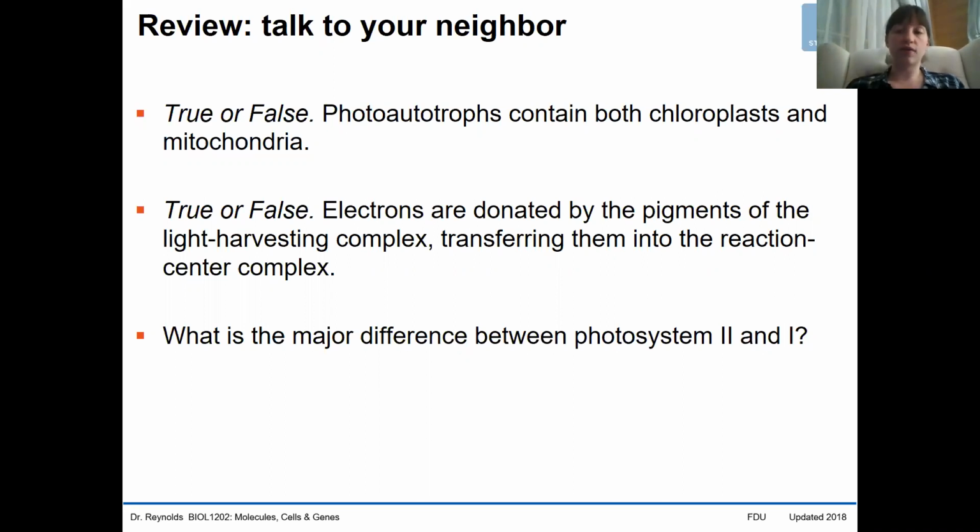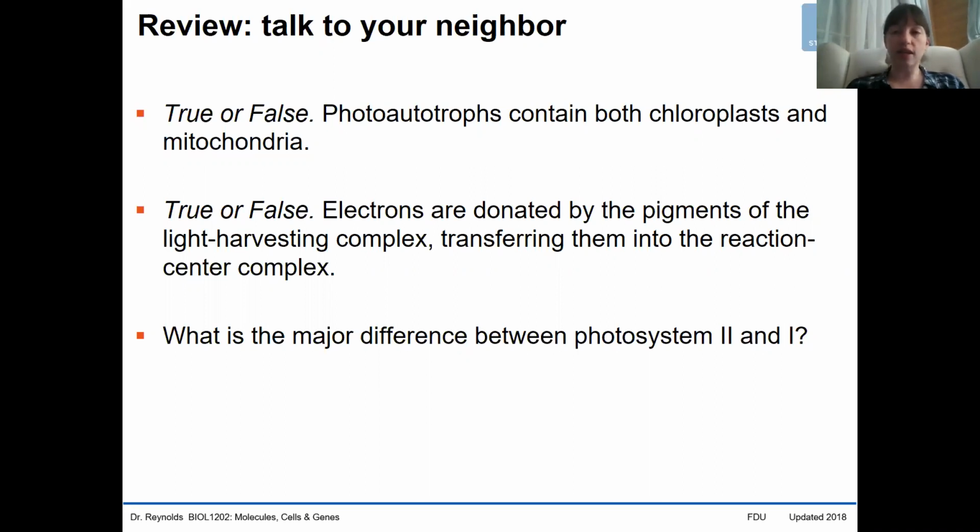Its pair of chlorophyll A's can split water to replenish its electrons, thereby allowing it to participate in linear electron flow, feeding those electrons into an electron transport chain, which then are donated to photosystem 1. Photosystem 1 receives those electrons, those become excited by the light, and then that pair of electrons gets donated away to reduce a molecule of NAD+ to NADH.